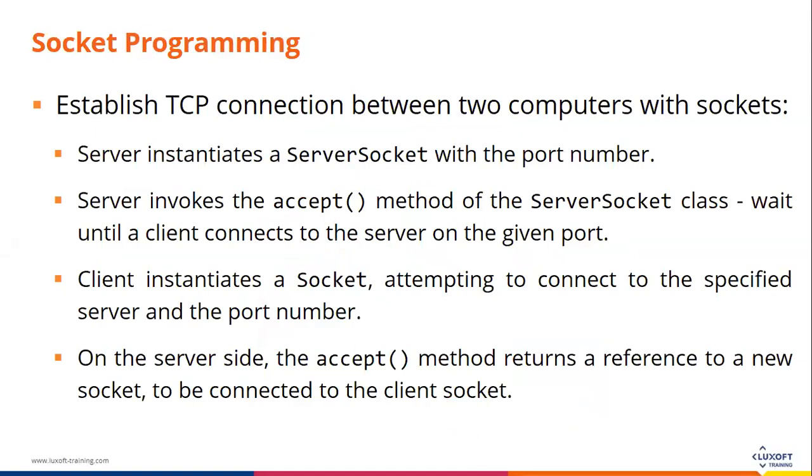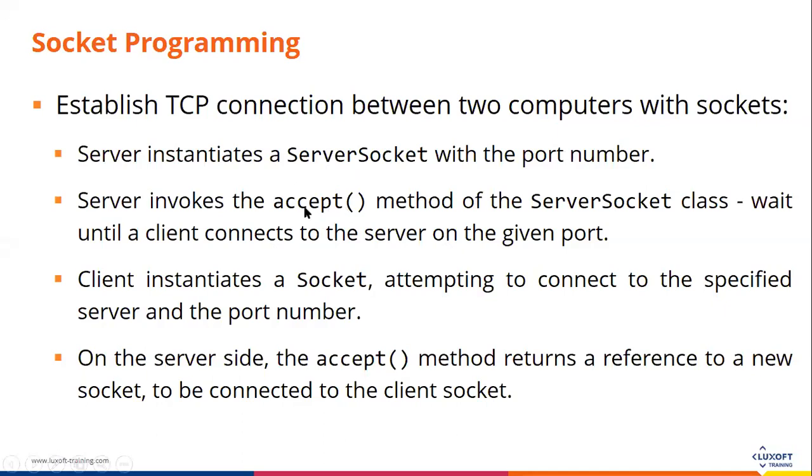Before moving back to the second part of the practical demonstration, we would like to demonstrate how such a conversation takes place through TCP. On the server side, we are instantiating a server socket with a port number, so that the server is waiting for a connection, invoking this accept method.